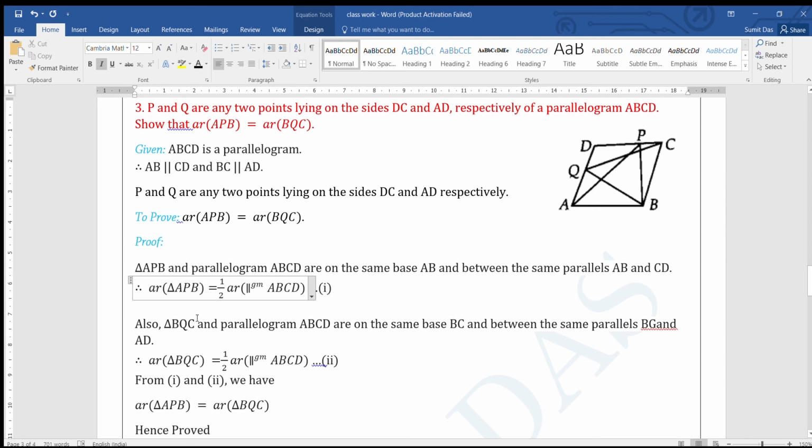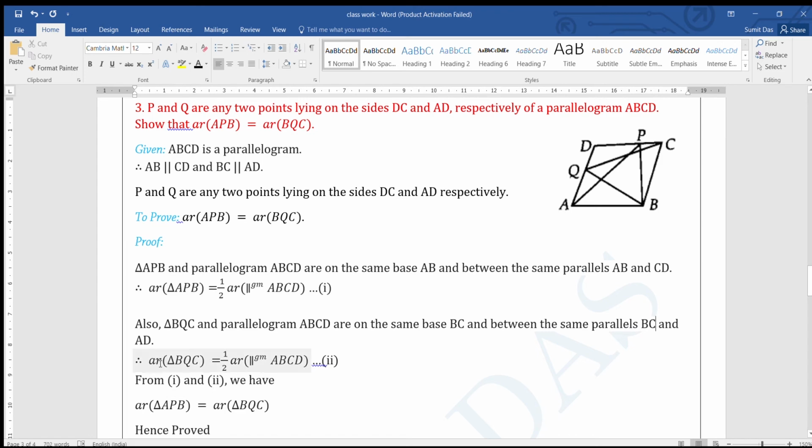Similarly, BQC triangle and parallelogram ABCD are on the same base BC and between the same parallel lines BC and AD.